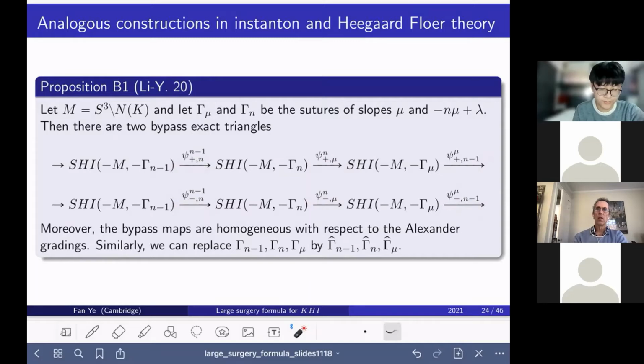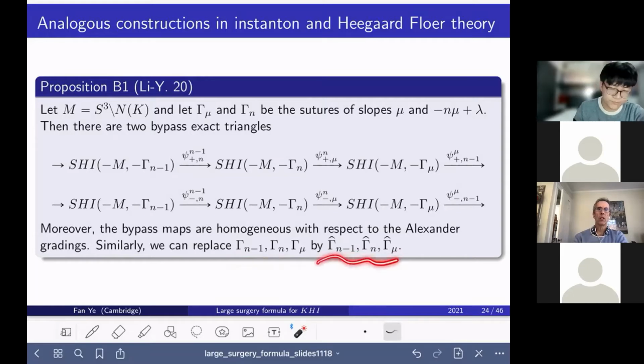Moreover, we can show that these bypass maps are homogeneous with respect to Alexander gradings. And we can also change the basis on the boundary so that we can replace all gammas with gammas with hats.